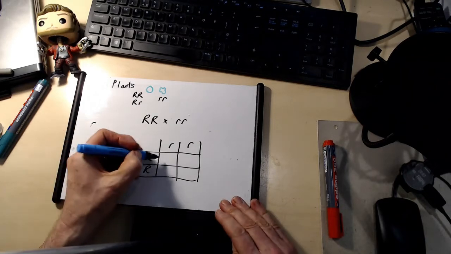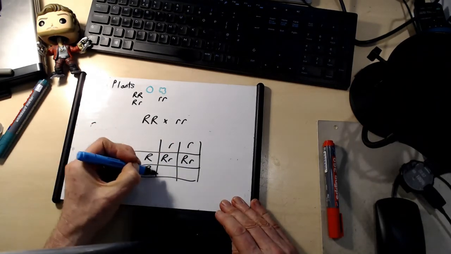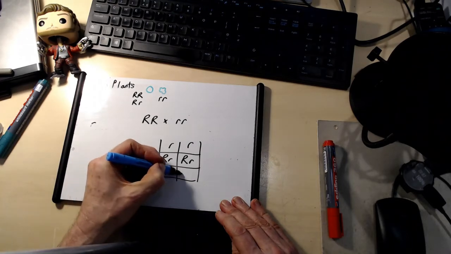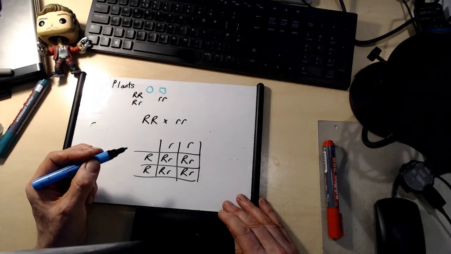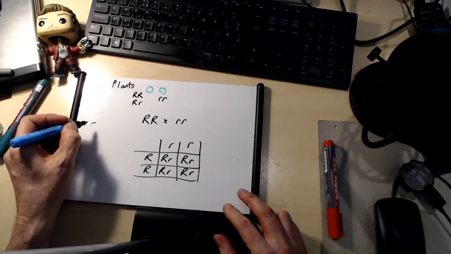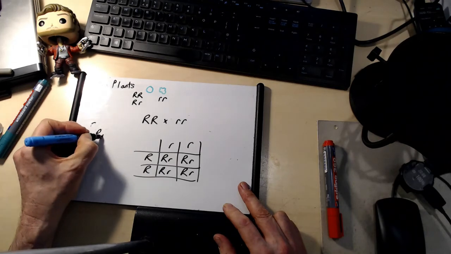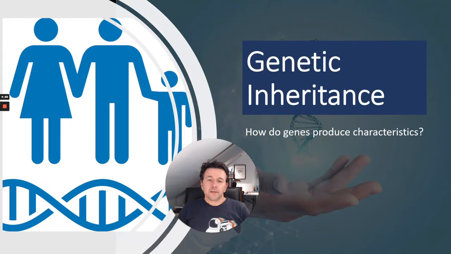If we cross them, you can now see they're all heterozygous. All the offspring are round peas and they're heterozygous. So there's 100%. So there we have some examples of Punnett square diagrams to look at genetic inheritance.